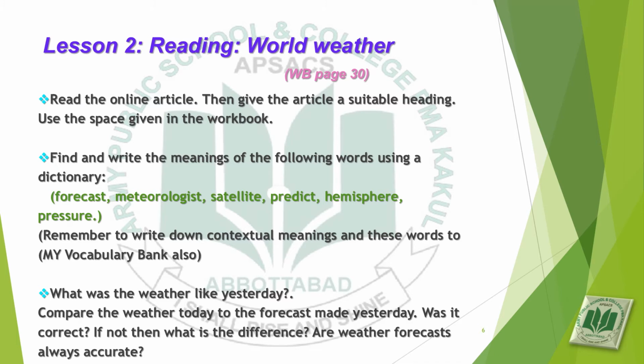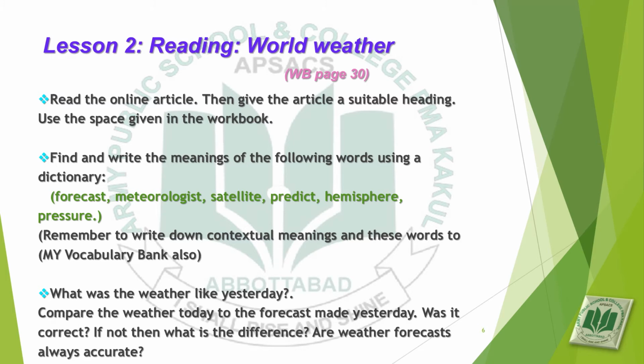Now, your second task is to find and write the meanings of the following words using a dictionary. The words are forecast, meteorologist, satellite, predict, hemisphere, and pressure. Also remember to write down the contextual meanings of these words in My Vocabulary Bank.